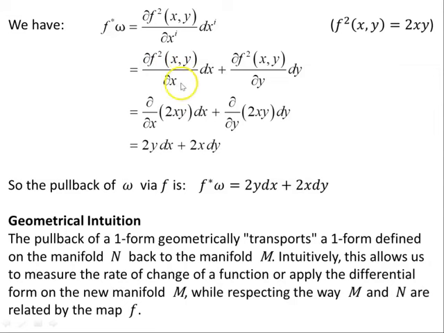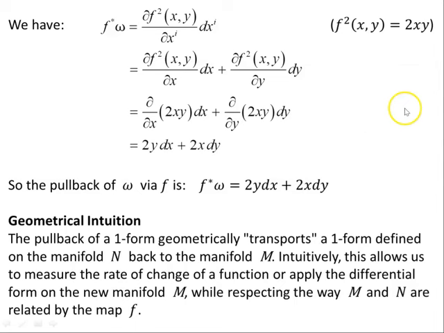So we'll have dx and dy. We take the partial derivative with respect to x of f2 here, dx, then the partial with respect to y of 2xy dy. We get 2y dx plus 2x dy. So the pullback of omega via f, f star omega, is 2y dx plus 2x dy.